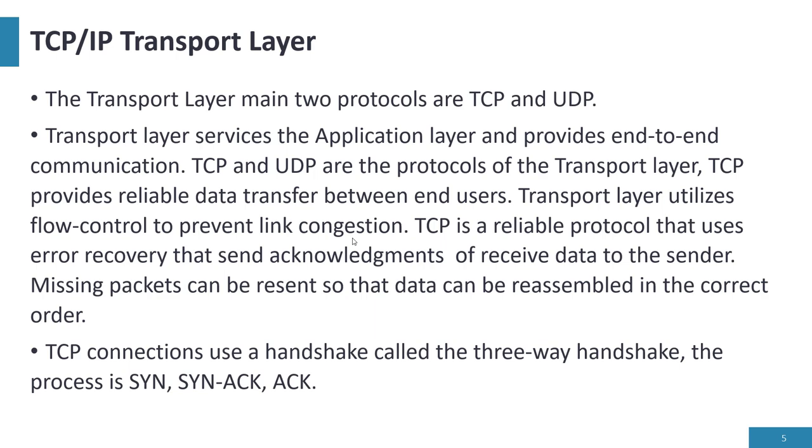So if a server is communicating with your computer and is sending the information too fast for your computer to process, the transport layer will let the server know so it can slow down the sending of the traffic. TCP is a reliable protocol that uses error recovery that sends acknowledgments of receiving data to the sending device.